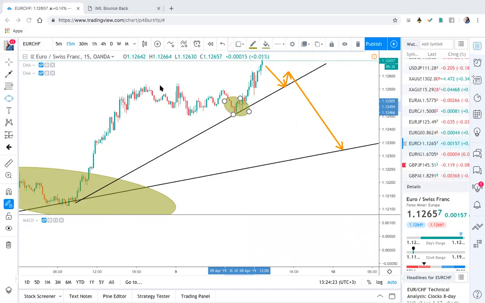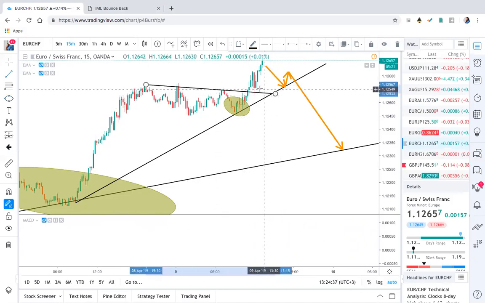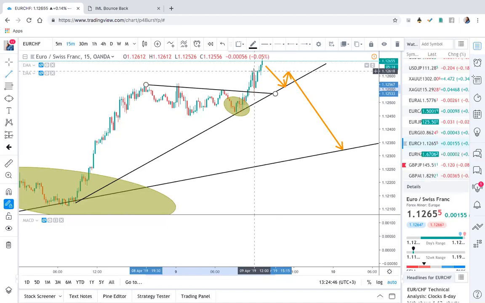Maybe you could look at it breaking, waiting for it to break the last high. So, for example, if you had to draw a type of trend line here, waiting for it to break this last high and then getting in for a slight buy, that's something that you can look at as well in terms of maximizing the pips on the trade.